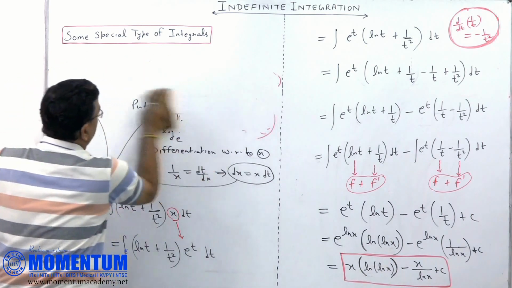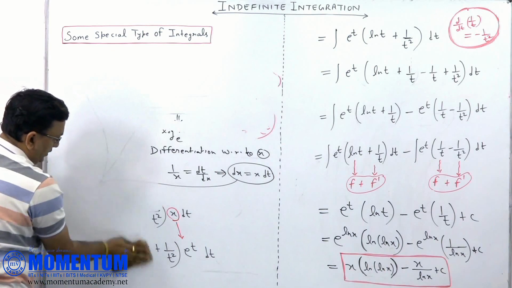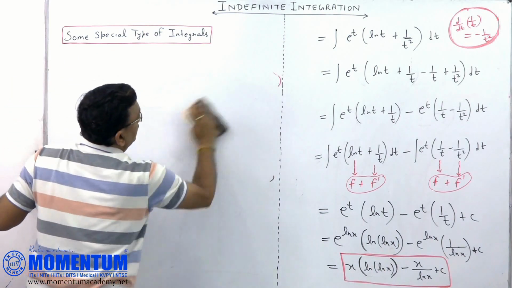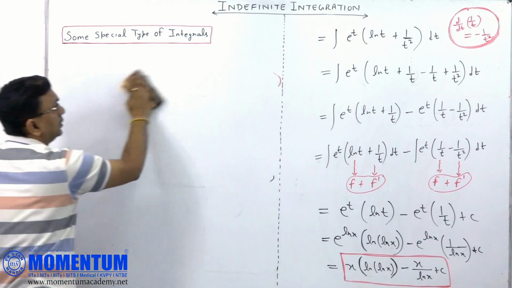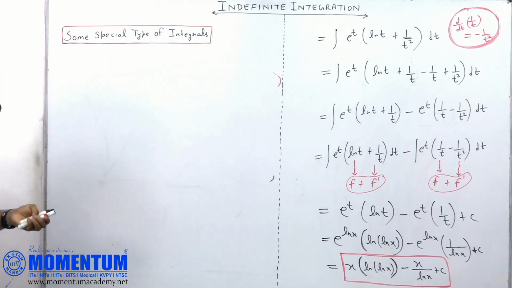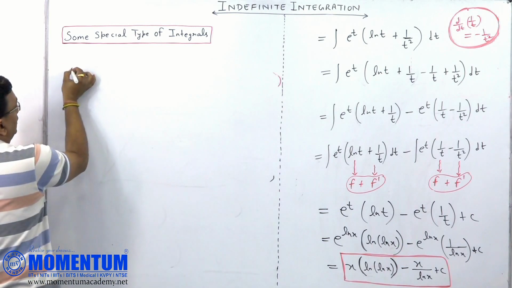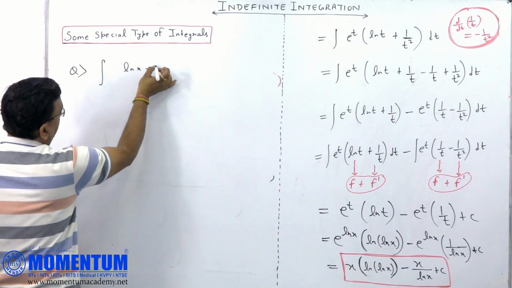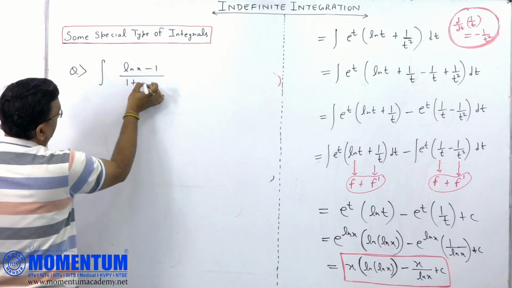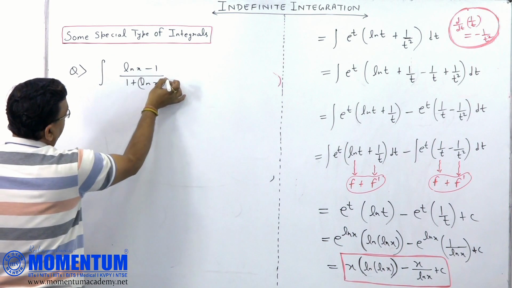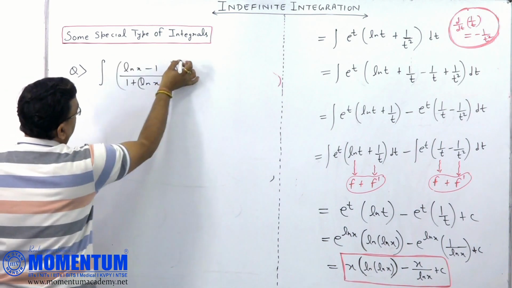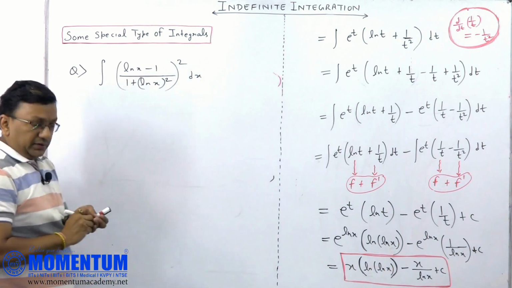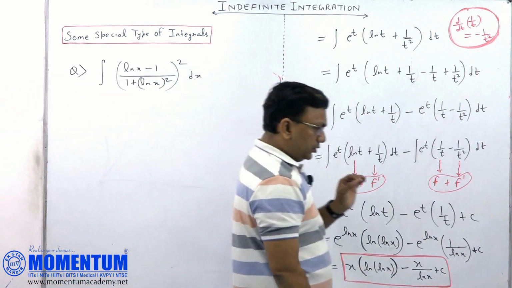Let's do one more problem. This was in an exam of AIEEE, which is the old name of JEE Main. Integration of ln x minus 1 divided by 1 plus ln x square whole square. Now students, this problem you should try first.